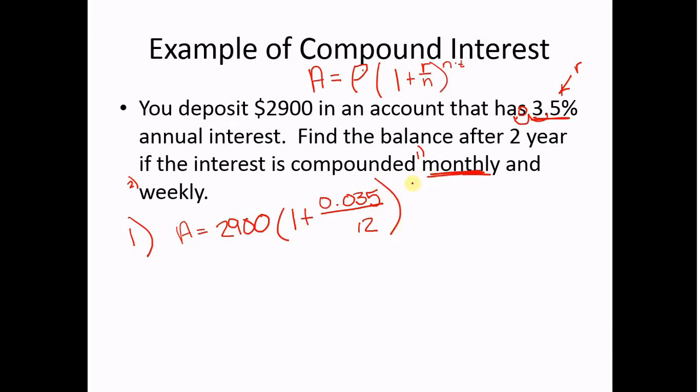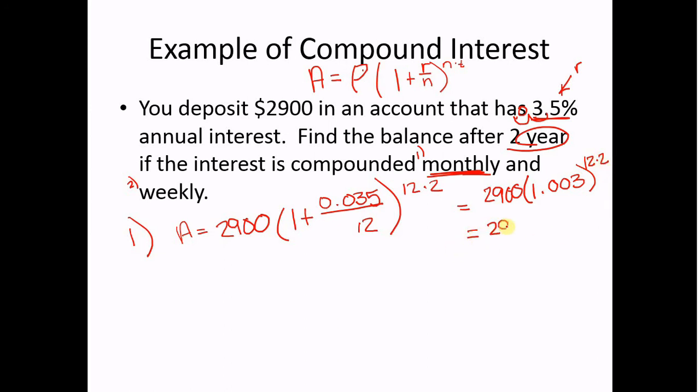And then N times T. So N is 12 again. These should always match. Times your time. Your time is 2 years. I know the inside here is 2,900 times 1.003 to the 12 times 2.